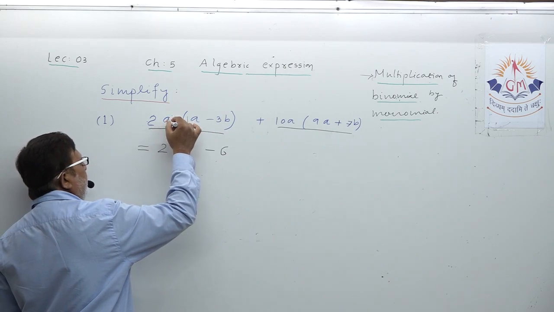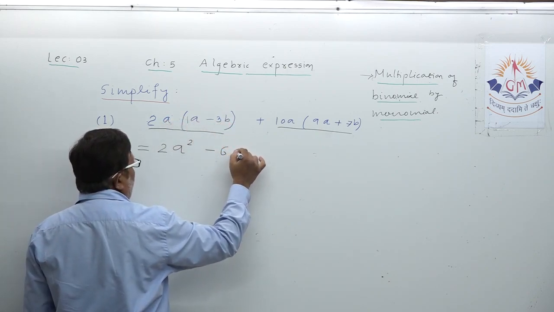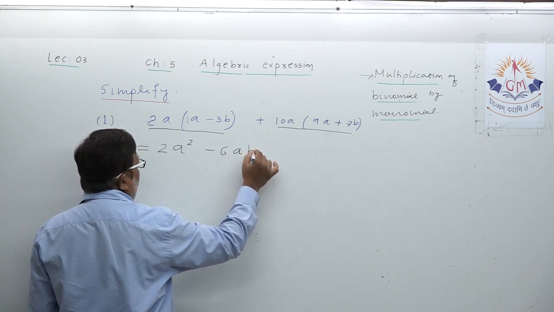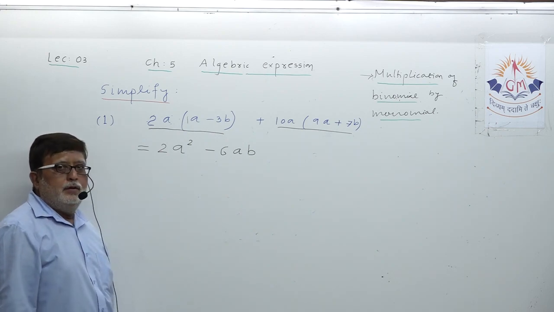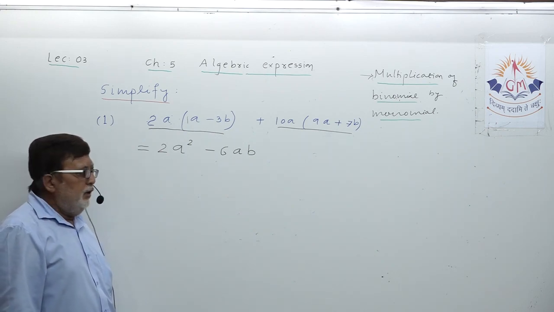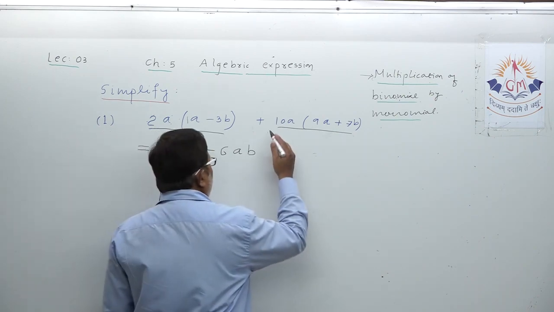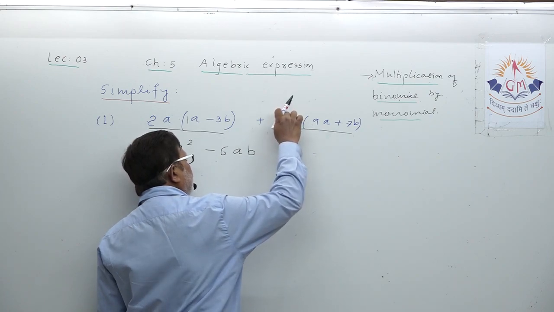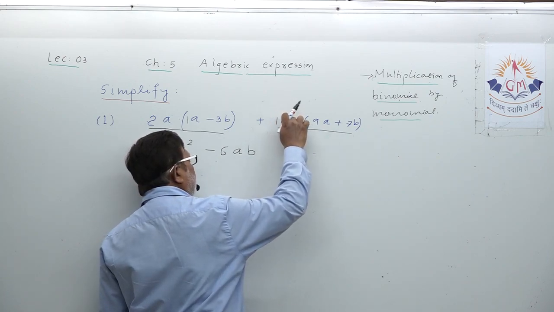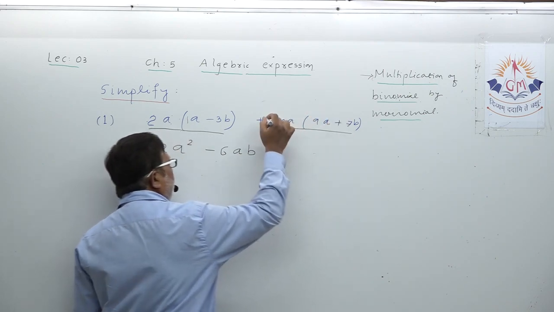Here variable a, here variable b. So simply you have to write ab, as you all know. Okay. First half of the sum is over. Now your concentration has to be in this. First, this monomial with this first term and then with the second term.